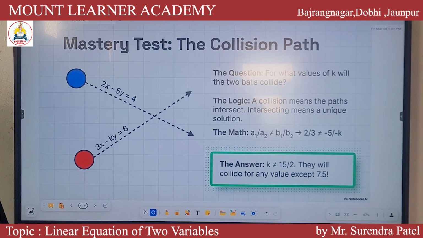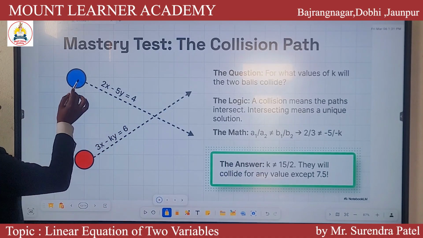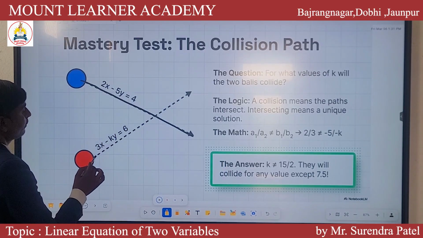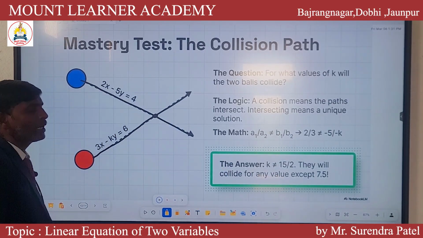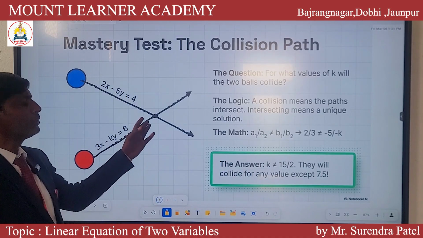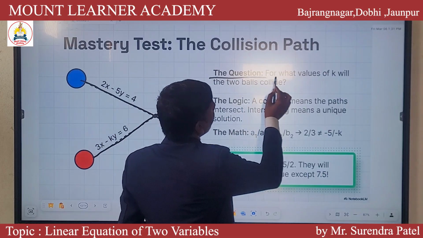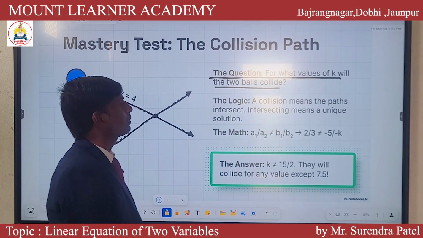Mastering test, the collision path. If we draw any two lines which intersect each other at a single point, then this point is called the unique solution. The question: for what value of k will the two balls collide?